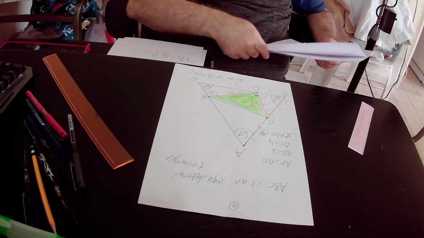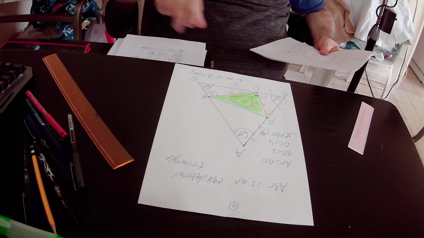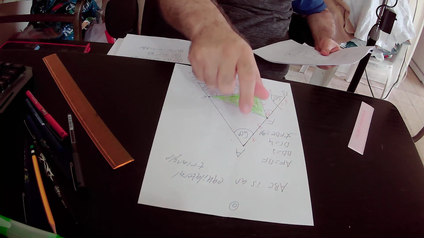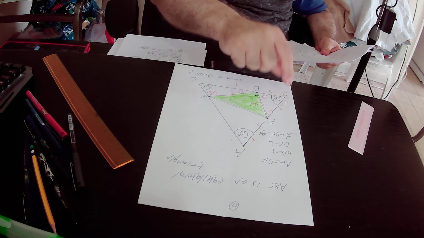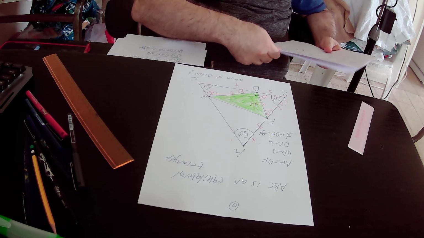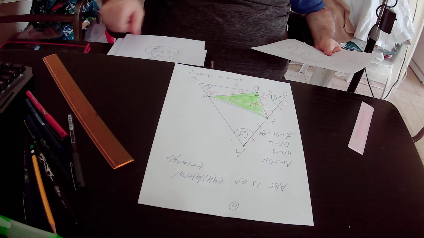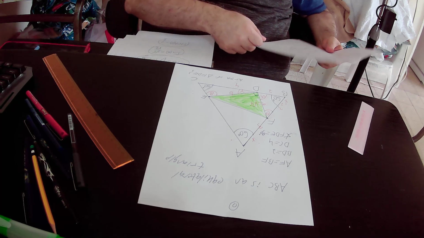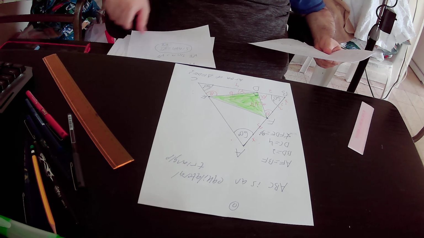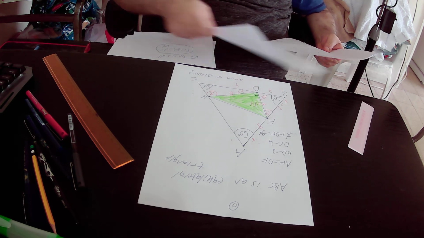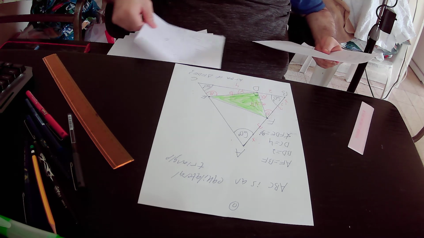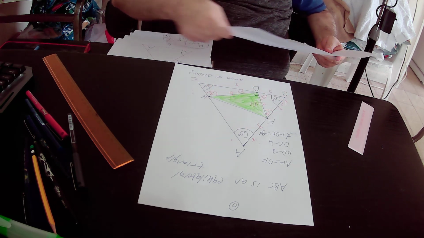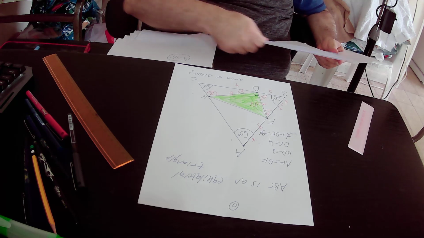Okay, and we defined AF as X. So if AF is X and AF equals BF, then BF will also be X. And we already know that AB equals 6 units. So we can say that AF plus BF equals AB.